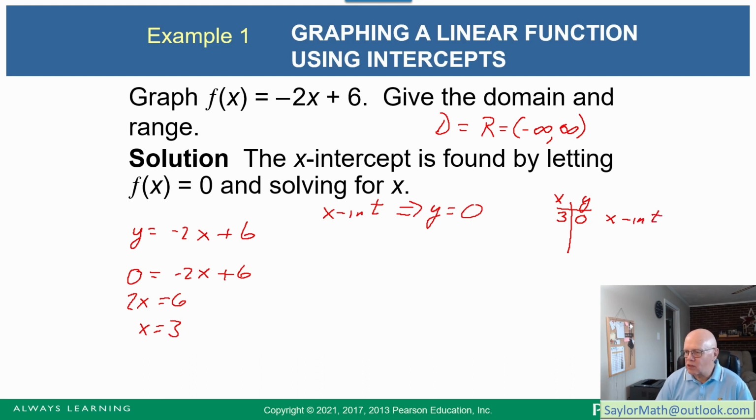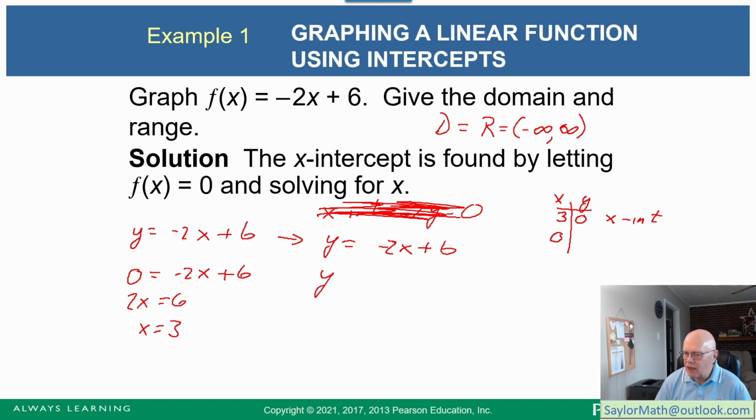How about the y-intercept? Well, it's just the opposite. Let x be 0. So we'll repeat this. Y equals negative 2x plus 6. That's our linear function. And this time we'll put the 0 in for x.